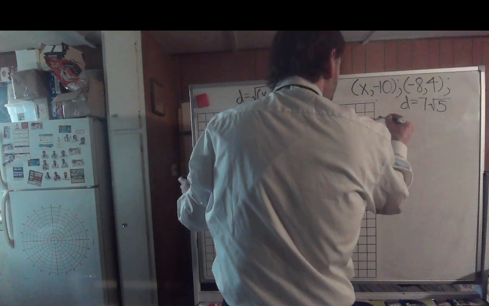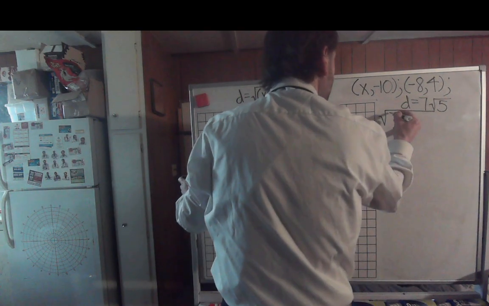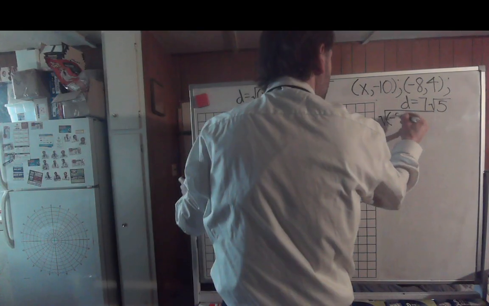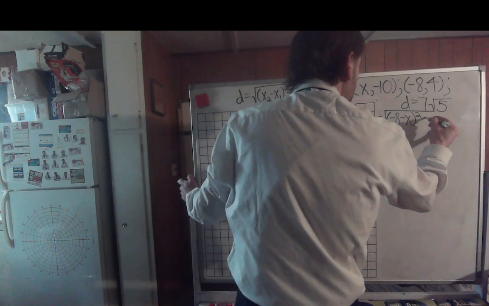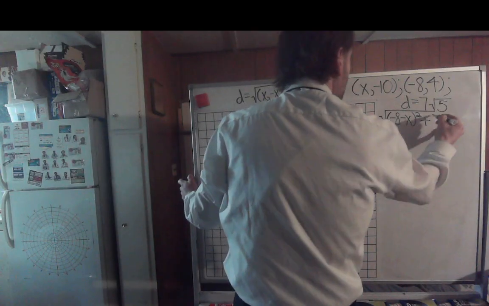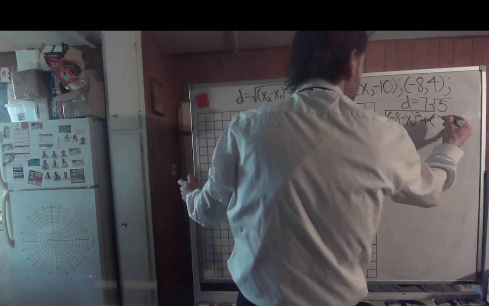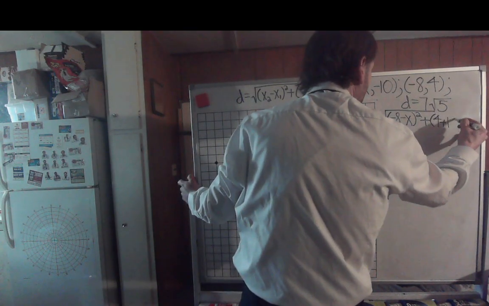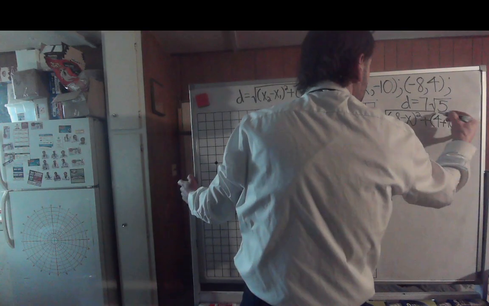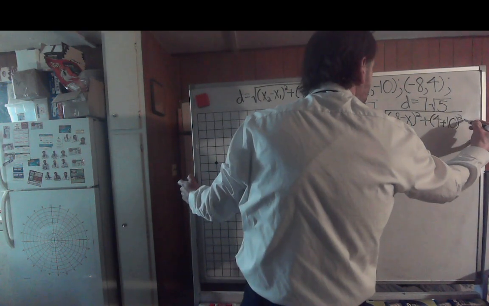Take your distance formula, so the square root of the x2, which is negative 8, minus your x1, which is x, raise that to the second power, plus your y2, which is going to be 4, minus your y1, which is negative 10. This turns into 4 plus 10 squared equals 7 times the square root of 5.